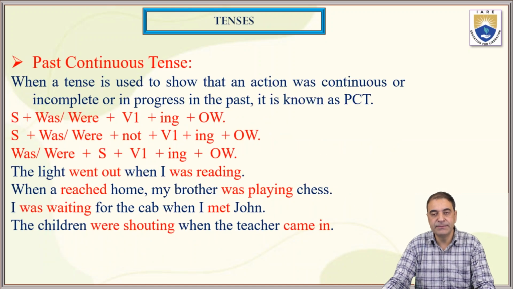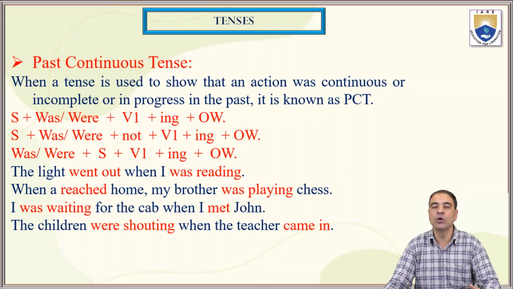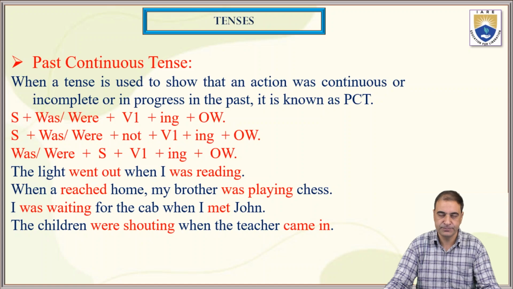Okay, the next one is the past continuous tense. When a tense is used to show that an action was continuous or incomplete or in progress in the past, it's known as past continuous tense. That's why we call it past and continuous.